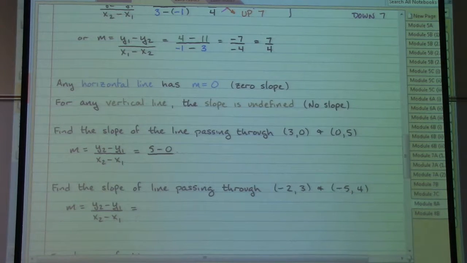That's for my numerator. For my denominator, the x from point number 2, which is 0, minus the x from point number 1, which is a 3. So on the top and on the bottom, we end up automatically getting a 5 over a negative 3. Not quite the appropriate answer.